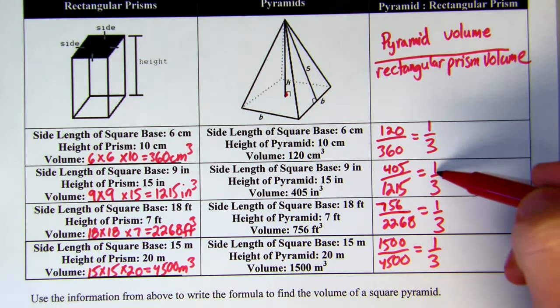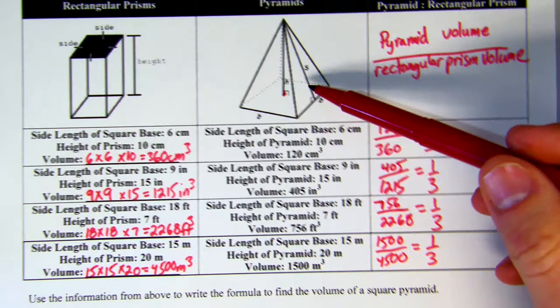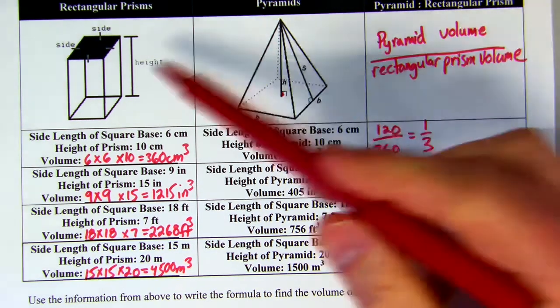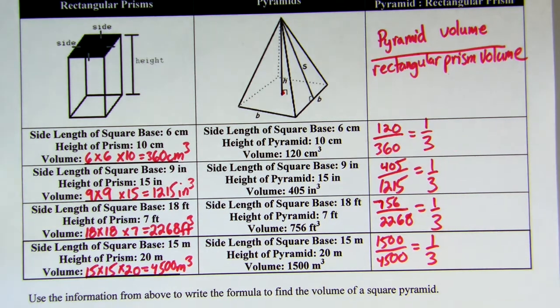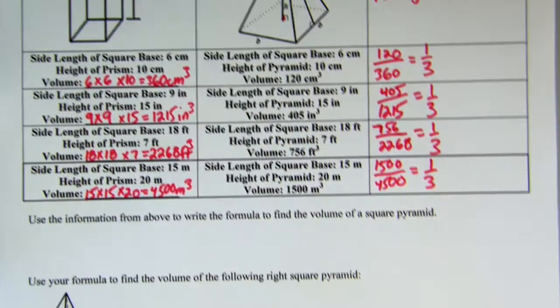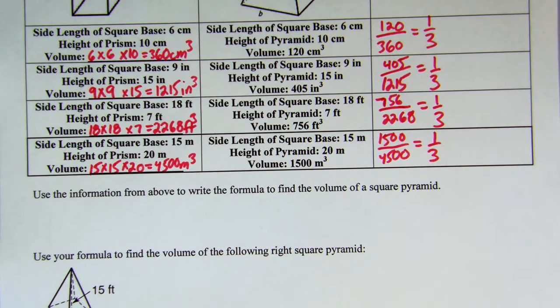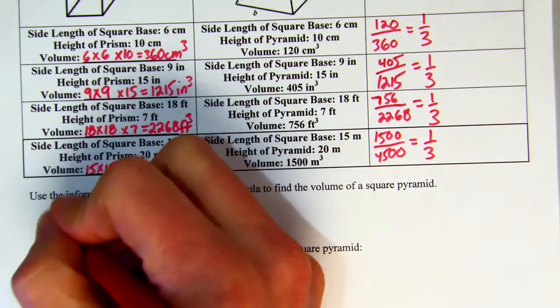So I've obviously noticed a pattern here: my pyramid is 1/3 the volume of my rectangular prism, as long as they have the same dimensions. That's the key. Alright, so our next question says, use the information from above to write the formula to find the volume of square pyramids. Okay, so let's write that down.